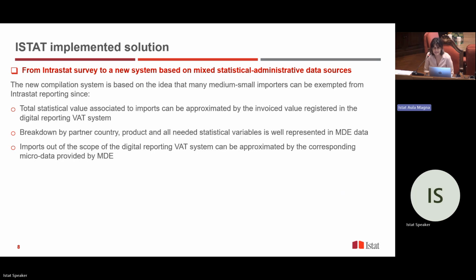So microdata exchange gives us the breakdown by product, country of origin, all statistical variables, and the total trade is given by the invoice reported in the digital reporting system. So the fiscal data source gives us the universal, let's say, of the import transaction of the importer, and the details are retrieved from microdata exchange.